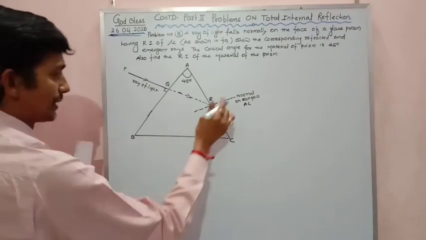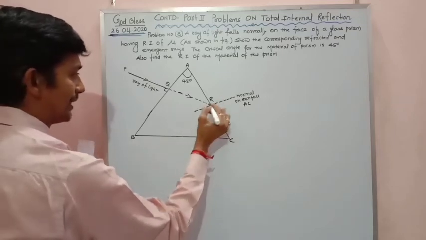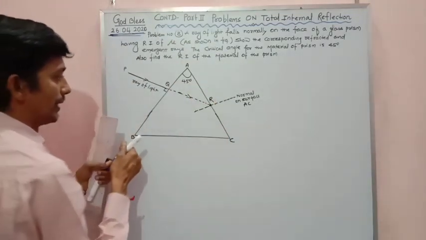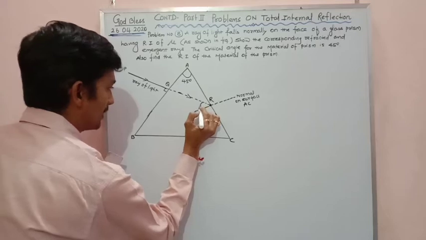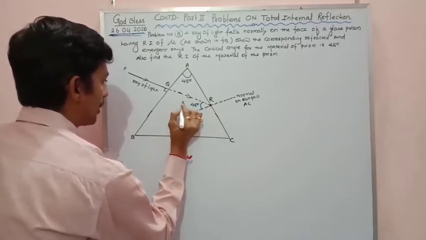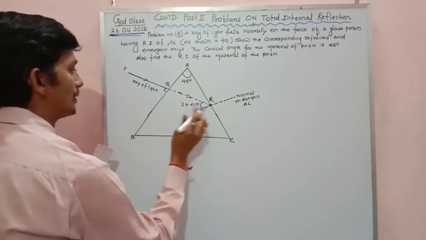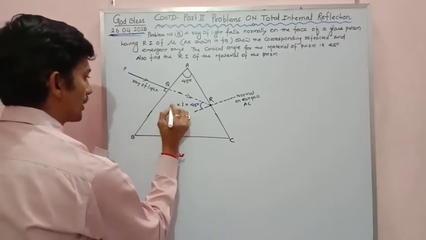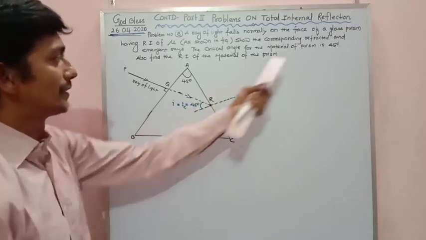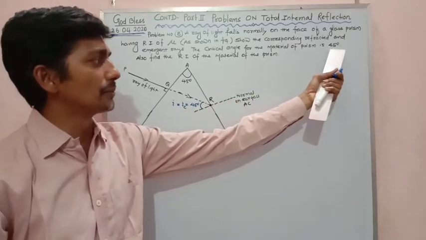As soon as I draw the normal on surface AC, you all can see by the geometry of the figure that this will be your angle of 45 degrees, and that is your incident angle, which is also equal to the critical angle. As given here, the critical angle for the prism is 45 degrees.